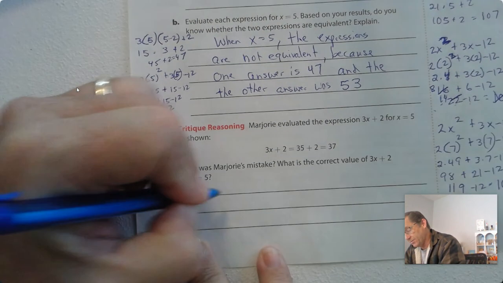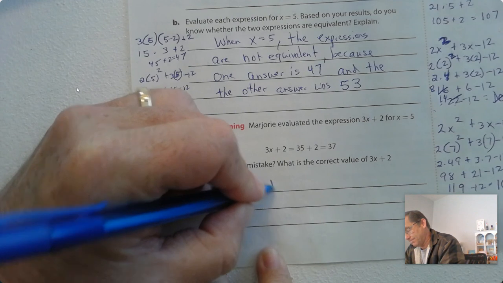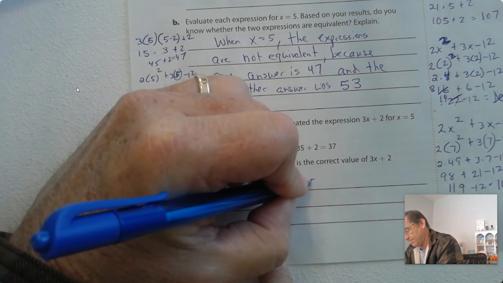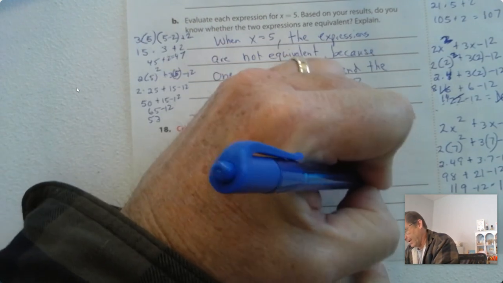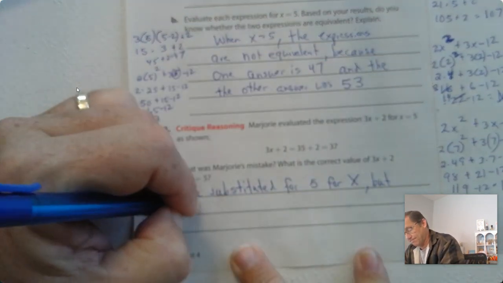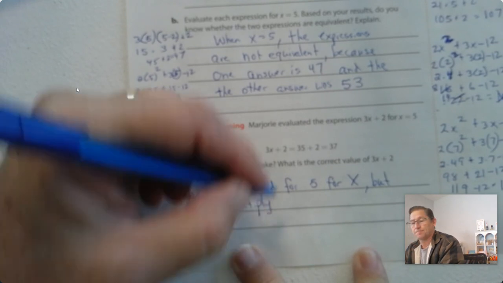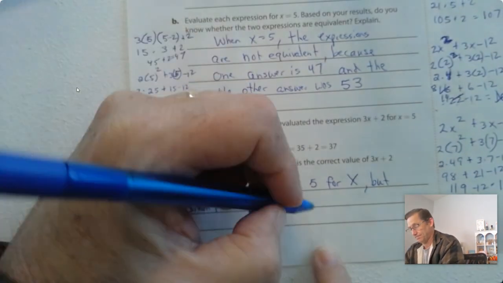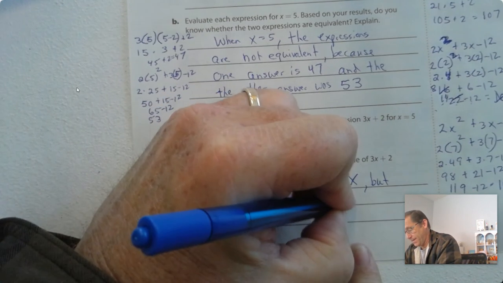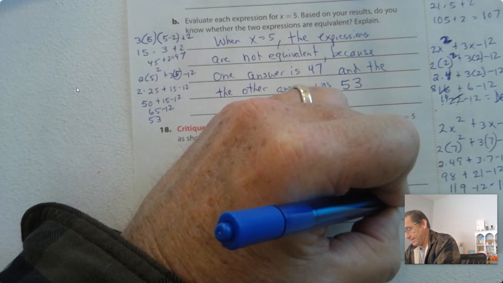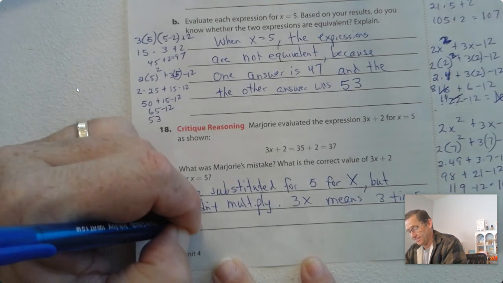Okay, she did substitute 5 for x, but didn't multiply. 3x means 3 times the value of x.